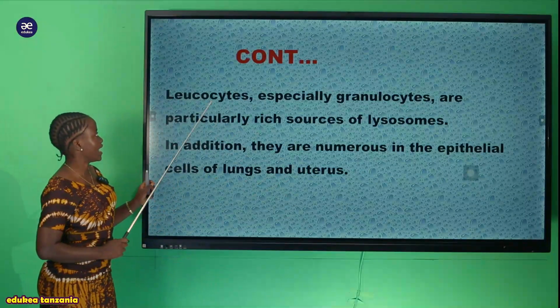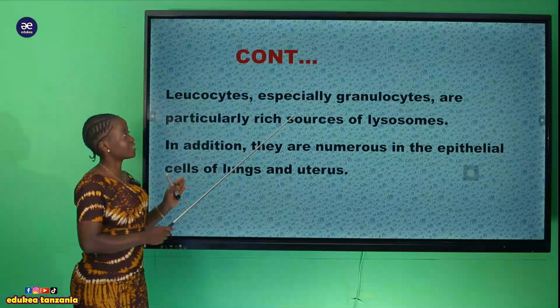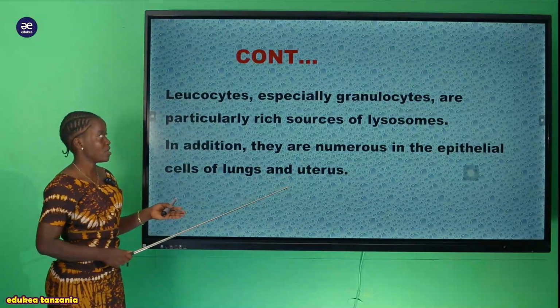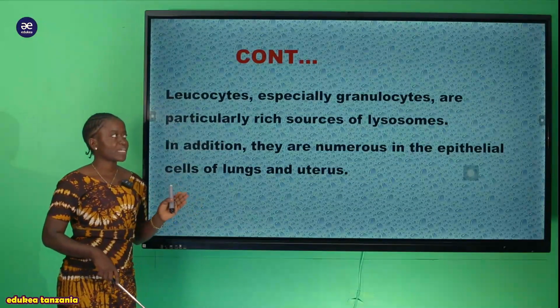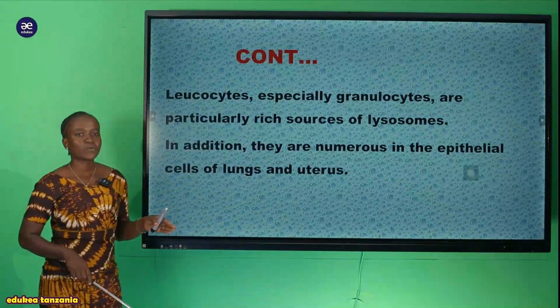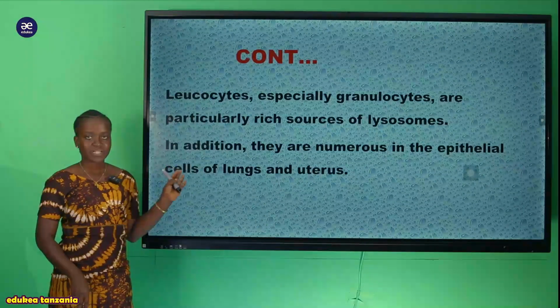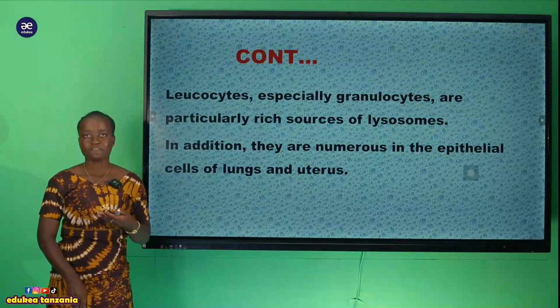So we have leukocytes, especially granulocytes, which are a particularly rich source of lysosomes. When you come to the leukocytes, which are the white blood cells, that is where you find lysosomes in greater numbers. Remember, white blood cells are specialized for fighting diseases or infections.